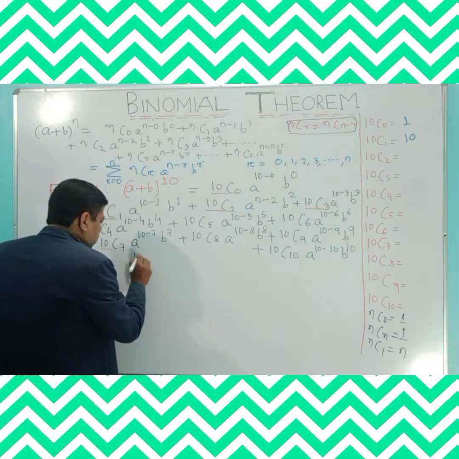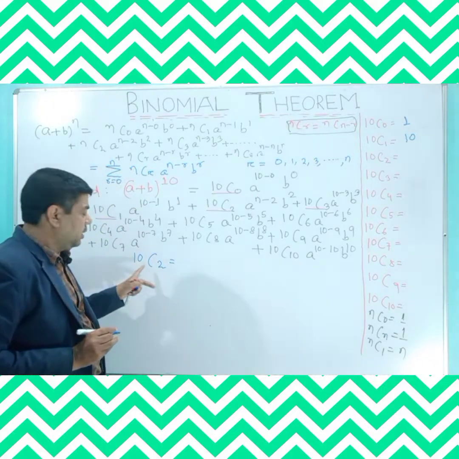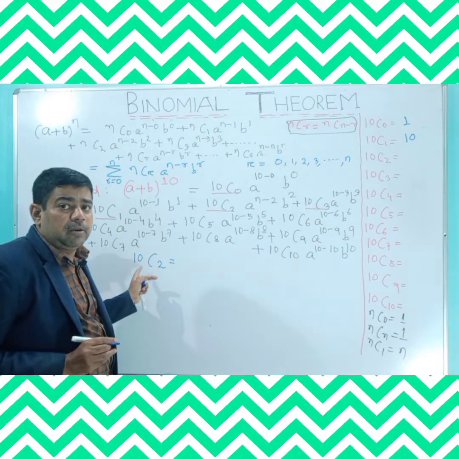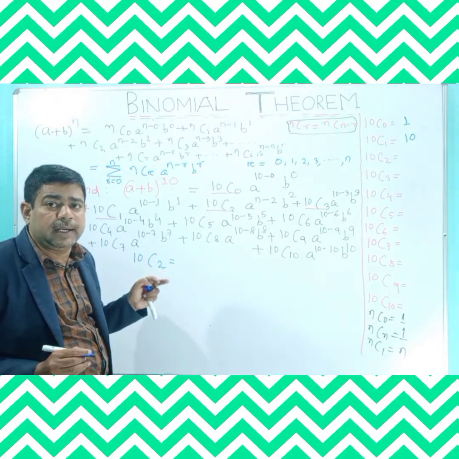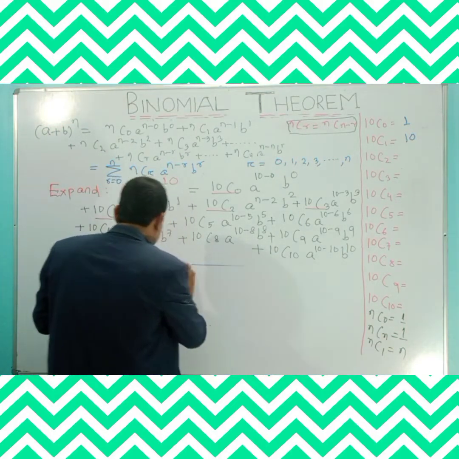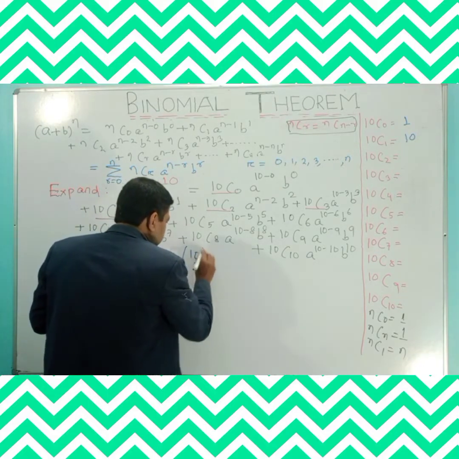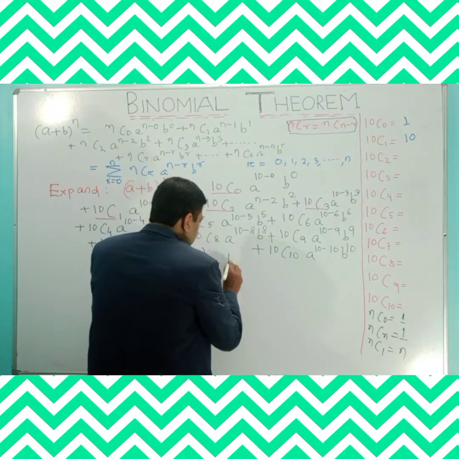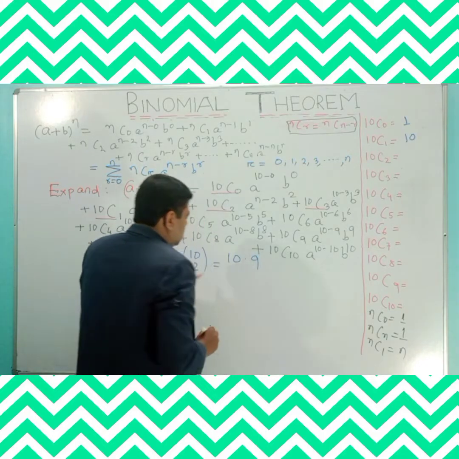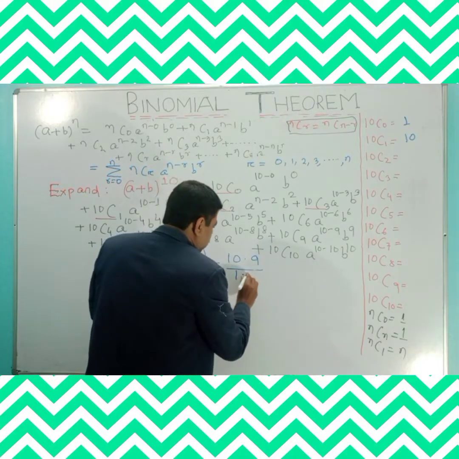10C2, how to find out? Here the value is 10, here the number is 2. Here 10 will be multiplied how many times? 2 times in descending order. You can write 10 into 9, that is 10 minus 1, divided by, because the number is 2, 1 into 2.